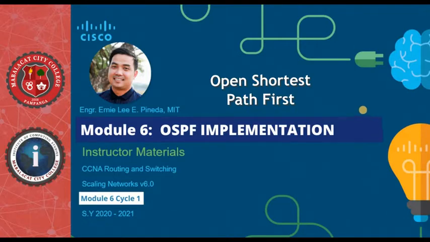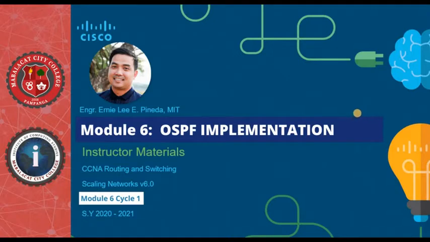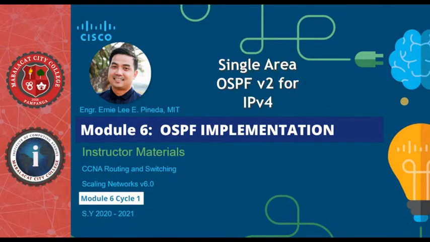Now, since we are already done discussing the theories, backgrounds, characteristics, and differences of dynamic routing protocols from our previous modules, this time we are going straight to the implementation and configuration proper. First, single area OSPF version 2, which is used for IPv4 networks.